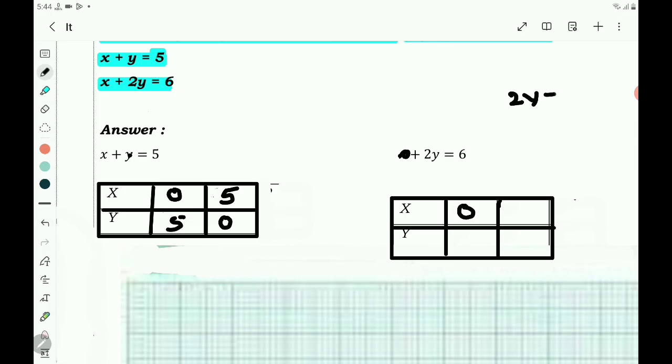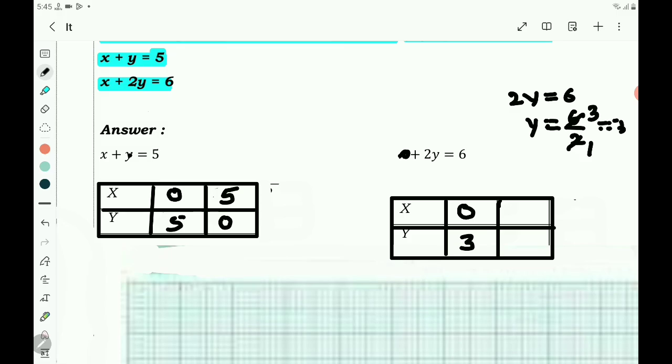If 2y equals 6, then y equals 6 by 2, which is 3.